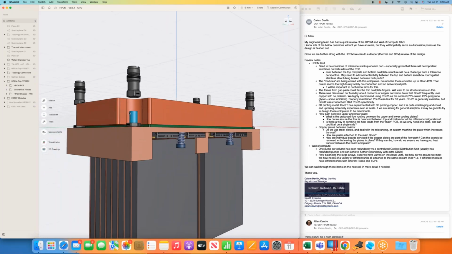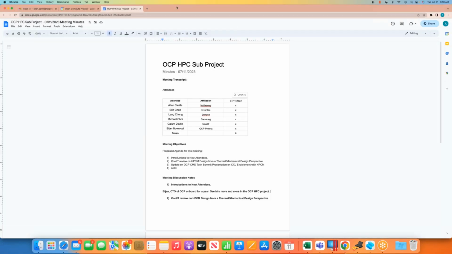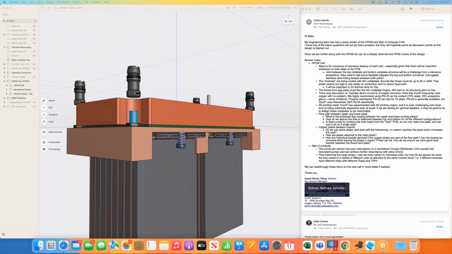Normally you're trying to control for one datum, but if you have two important interfaces, like the top side contacting whatever main chip there is, and the bottom side also needing pretty tight tolerances with connectors, what becomes very critical is how you control the tolerance stackup of the PCB itself and connecting between the top water chamber and the bottom.